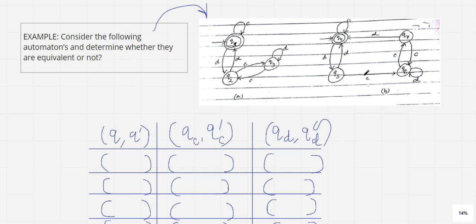This is the first condition, correct? As we have the same input symbols, I will first look at QC for the first machine and QC for the second machine, then QD for the first machine and QD for the second machine.